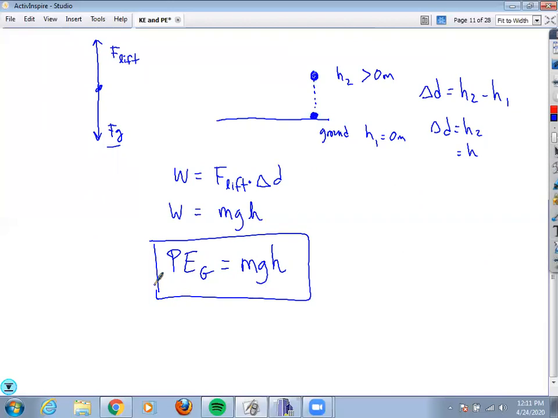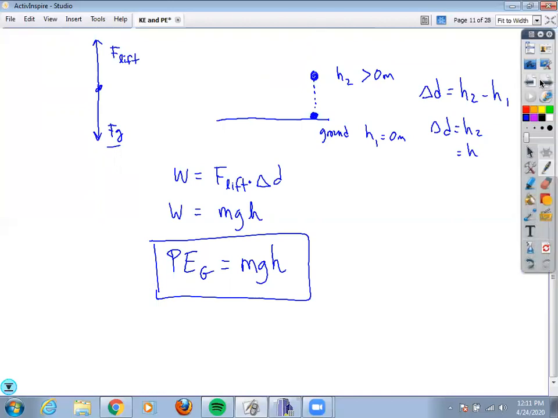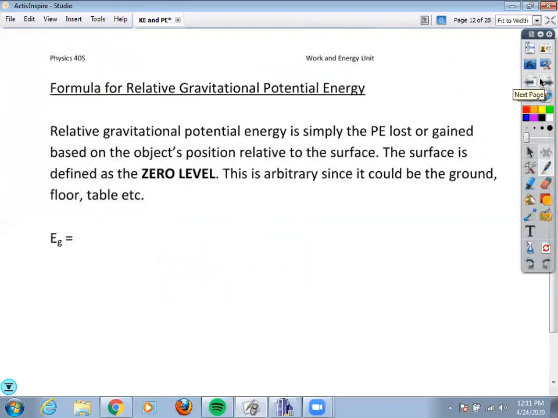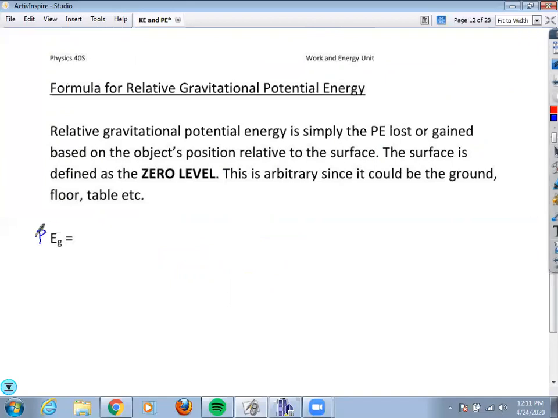If we lift to even more different heights, we can get a relative gravitational potential energy, which relates to the work change in energy theorem. So if the PEG, that's just potential energy gravitational, would equal mgh.